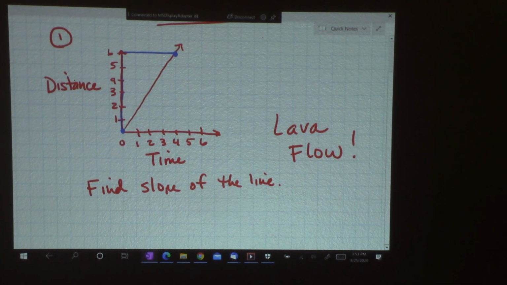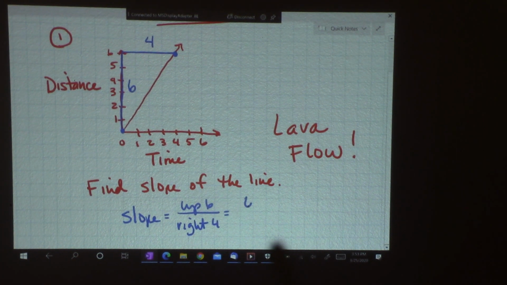So when I go up 6, that's how high I go, and then to the right 4. So my slope is going to be up 6, right 4. So up is positive, right is also positive. So I get 6 over 4. Now can I reduce that at all? Yes. 3 over 2.